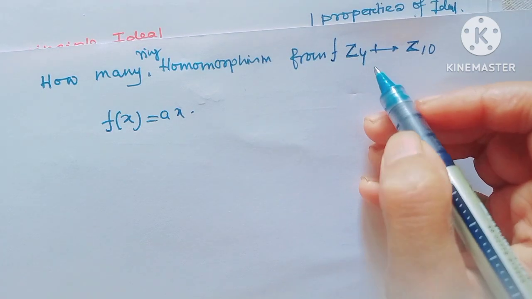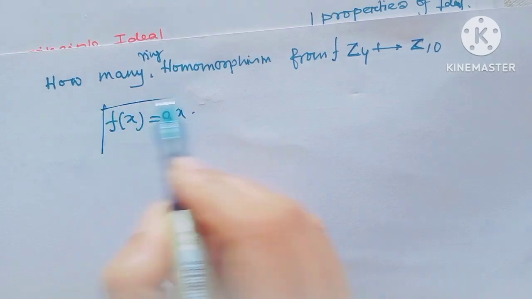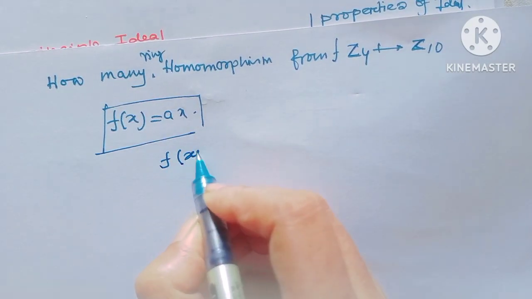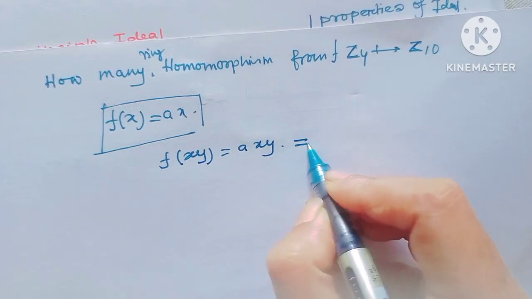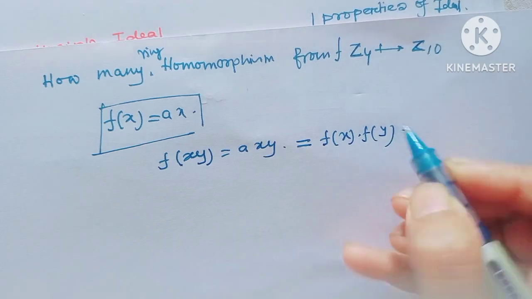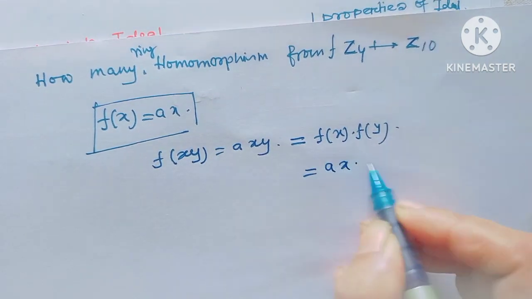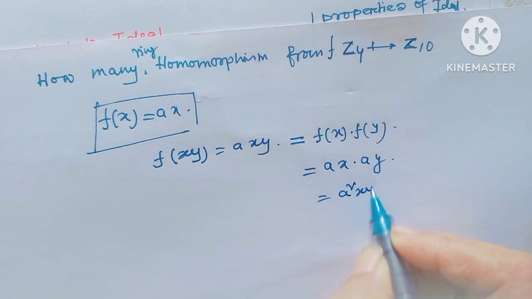I will count. If there exists a homomorphism of the type f of x equal to ax, then f of xy would be axy, and this is equal to f of x times f of y, and f of x is ax and f of y is ay. That means this is equal to a squared xy.